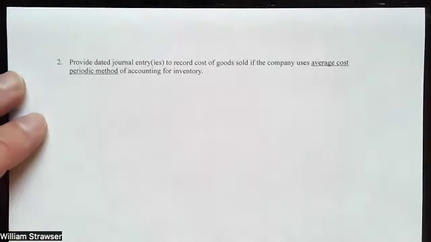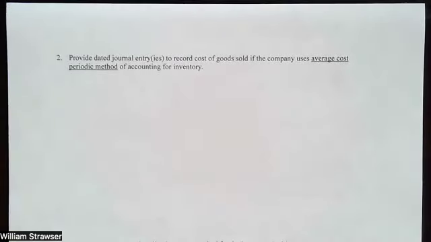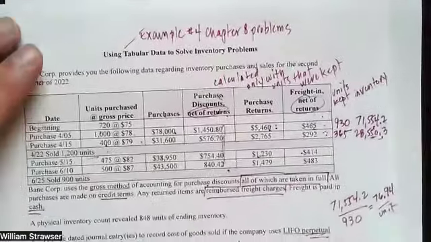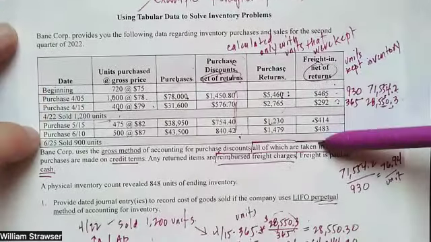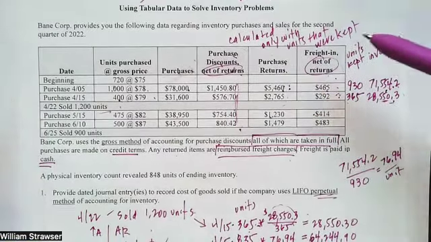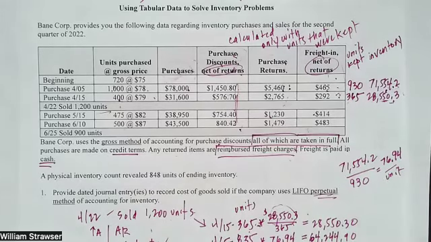So now the second piece asks for a dated journal entry for the cost of goods sold if we use the average cost periodic method. So the average cost, remember, we're looking at all of the data we have for the entire month.